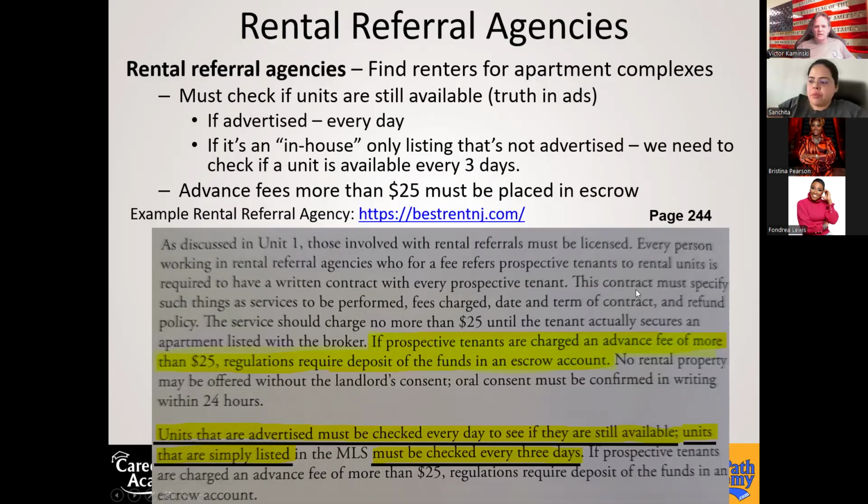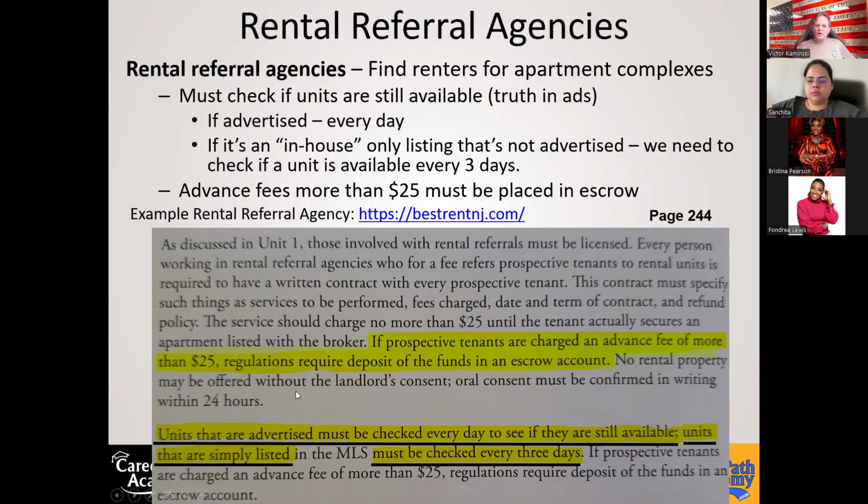Now, why would we do that? So the contract must specify things like services to be performed, fees charged, date and term of the contract, and refund policy. The service should charge no more than $25 until the tenant actually secures an apartment listed with the broker. If prospective tenants are charged an advance fee of more than $25, regulations require you deposit those funds into the escrow account.